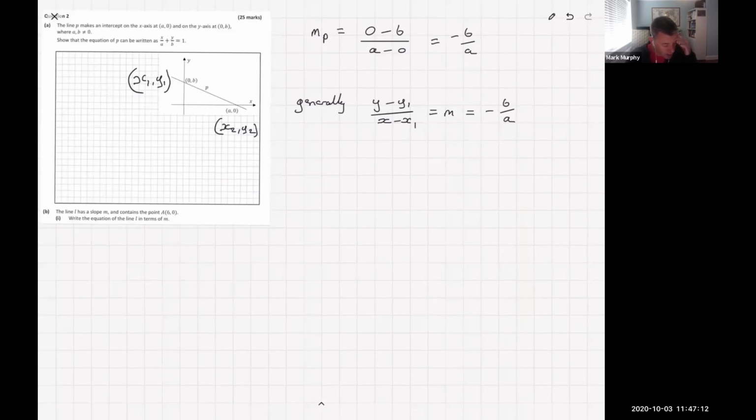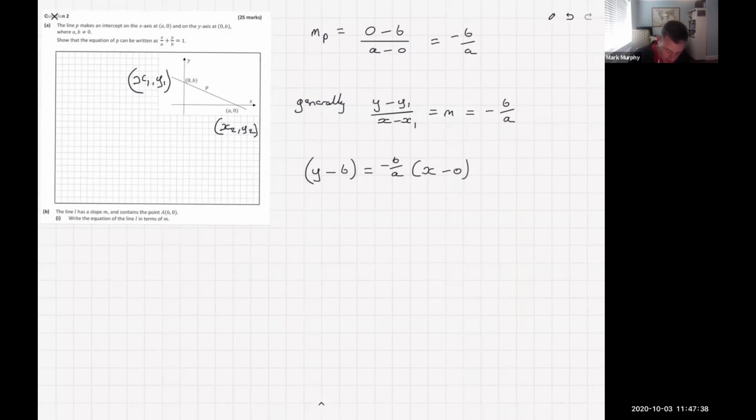So let's fill it in. I'll write out slowly, make sure we're right. I abbreviated here. So it's y minus y1, and in this case our y1 is b, so y minus b is equal to minus b over a, that's just slope times x minus x1, and x1 in this case is 0.